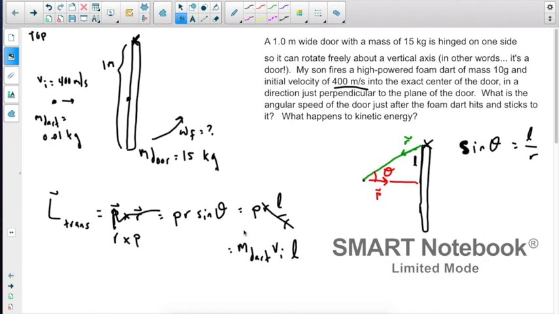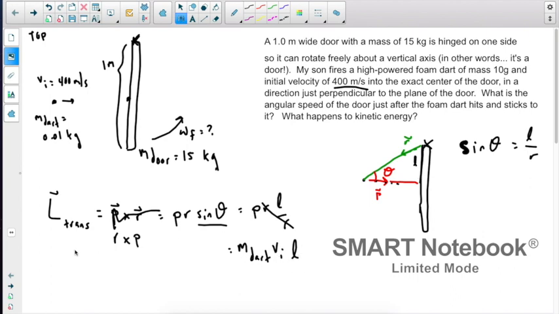And remember, this is good news that I've ended up with something like this, because that L is not going to change as the dart approaches. We know that the dart should have the same translational momentum as it approaches. And by recognizing that, taking the cross product gets me the sine of the angle between them. The sine of the angle between the two vectors is L over R, so the R in the equation goes away.